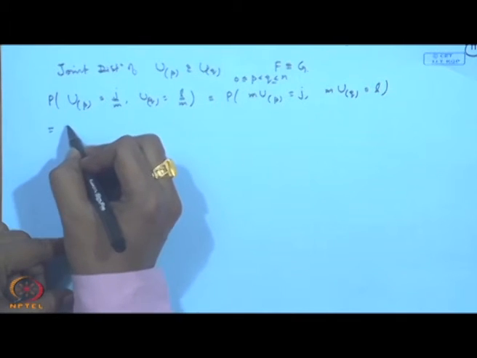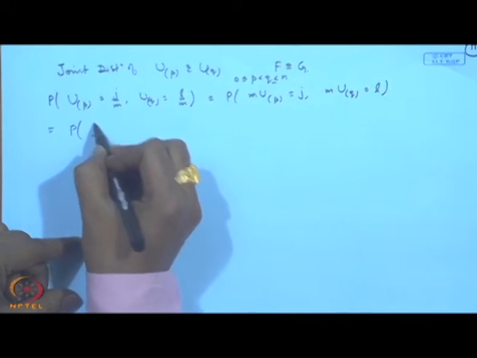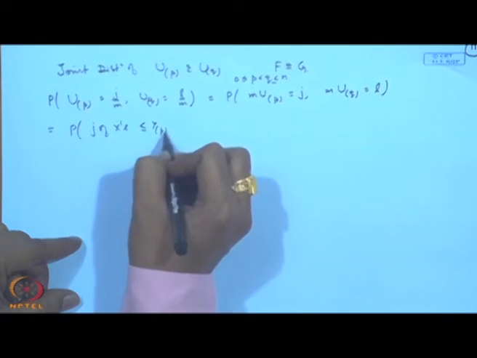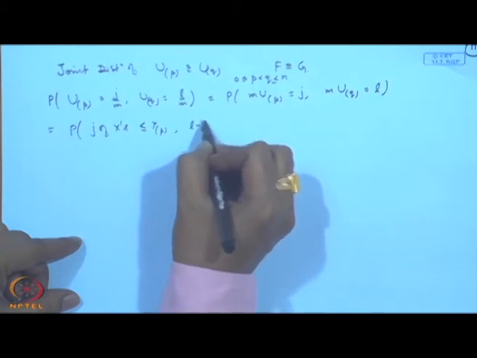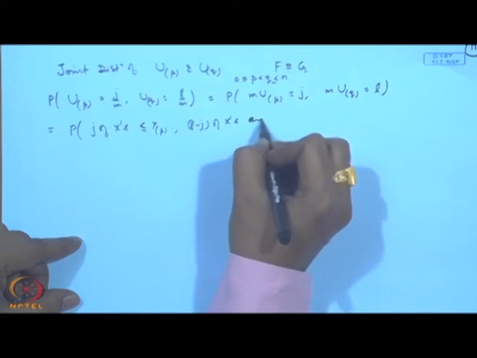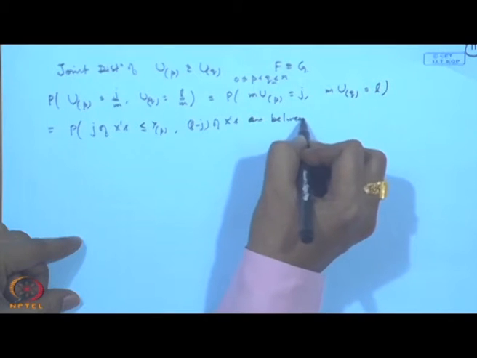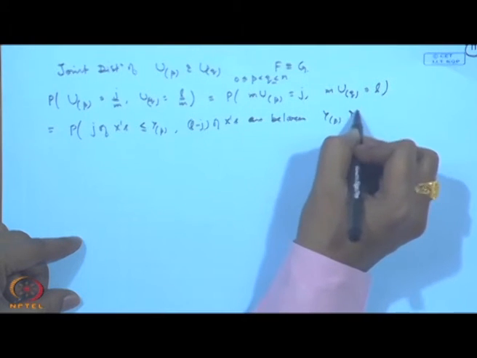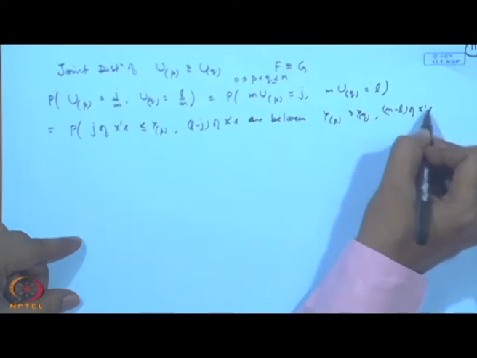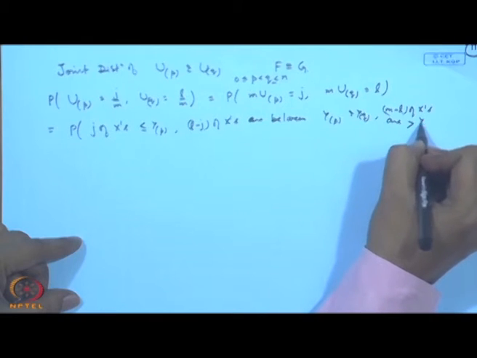This will be equal to the probability that j of the x_s are less than or equal to y_p, L minus j of the x_s are between y_p and y_q, and m minus L of the x_s are greater than y_q.